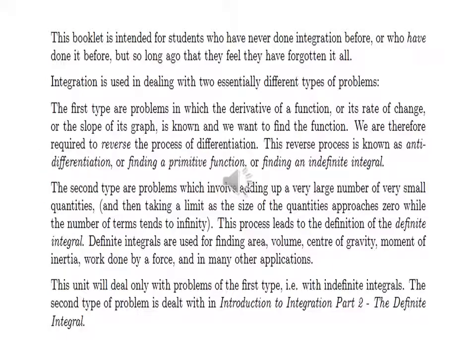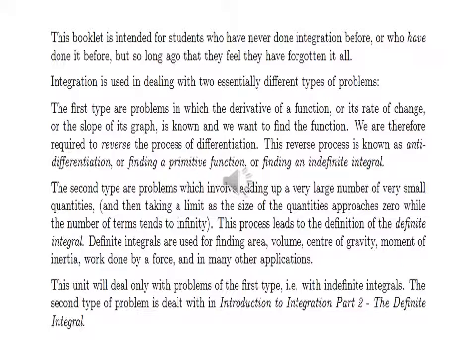This booklet is intended for students who have never done integration before, or who have done it before but so long ago that they feel they have forgotten it all. Integration is used in dealing with two essentially different types of problems.